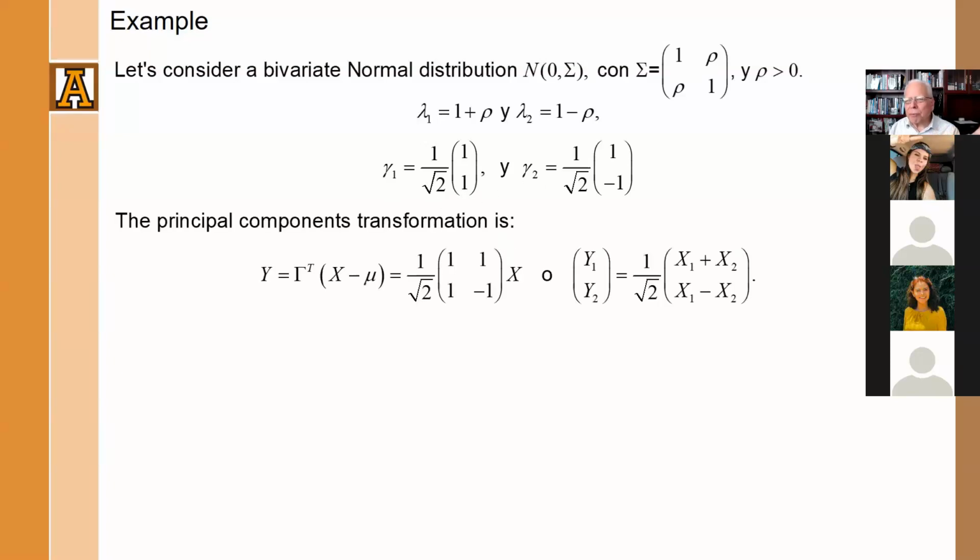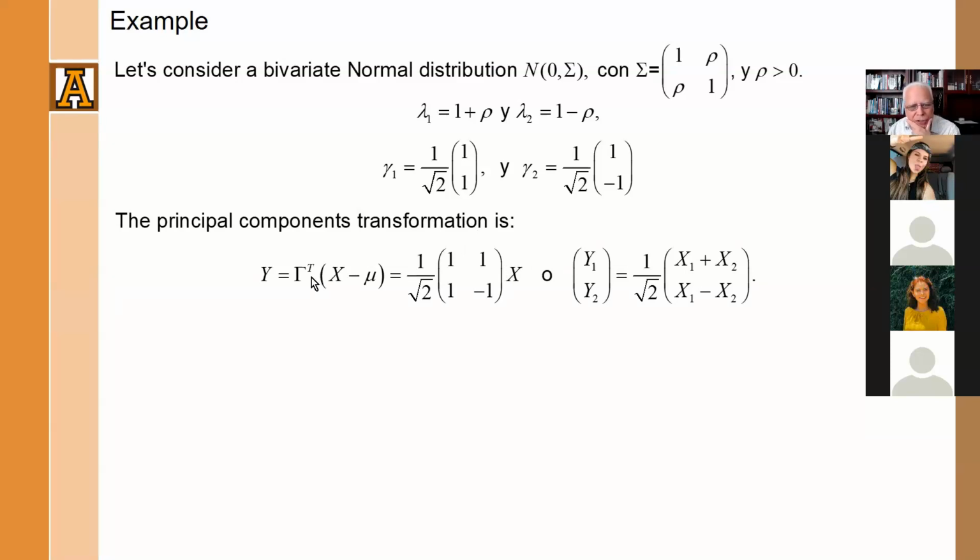The principal components transformation, as we saw in the last slide, will be the matrix of eigenvectors times x minus mu. In this case, I'm assuming that x has a normal distribution with mean 0 and variance covariance matrix sigma, so mu is the vector 0.